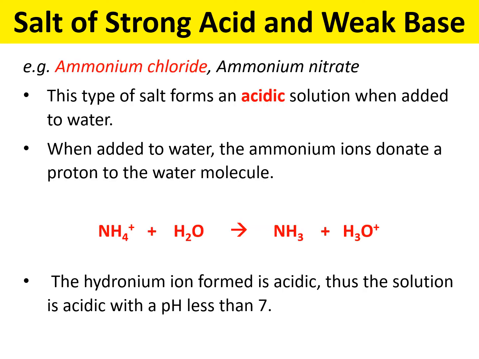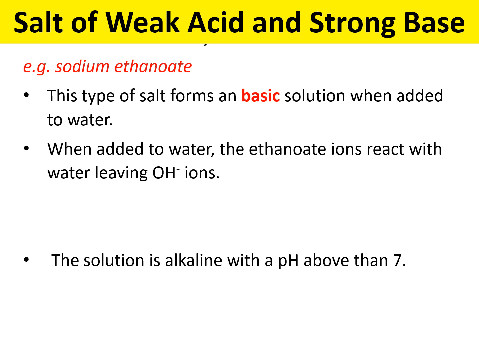If we look at the salt of a strong acid and a weak base, the example here would be ammonium chloride or ammonium nitrate. When added to water, the ammonium ions donate a proton to the water molecule. This forms a hydronium ion which is acidic, so the solution is acidic and the pH is less than 7. If we have the salt of a weak acid and a strong base, the example here being sodium ethanoate, this type of salt forms a basic solution.